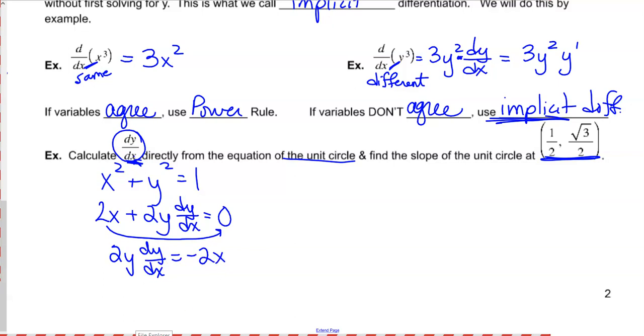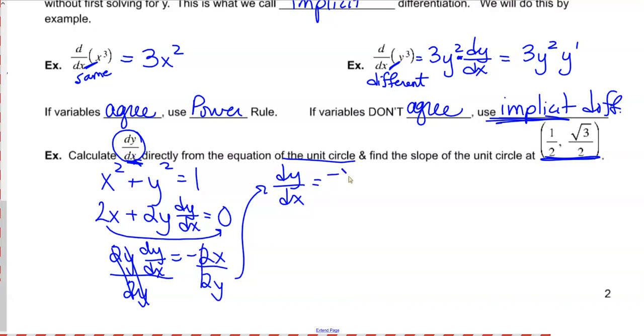And then I'm going to divide, because if these are all multiplied together, if I want to get this by itself, I'm going to divide by everything but that. So I'm going to divide by 2y. These go away. Therefore, dy over dx is equal to, simplifying this expression on the right-hand side, I can cancel my 2's out, and I have a negative x over y. And that right there is the derivative of our relation for that unit circle.